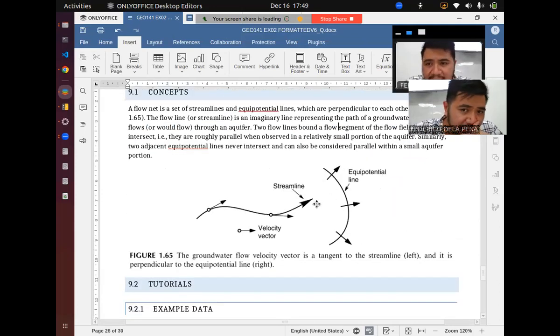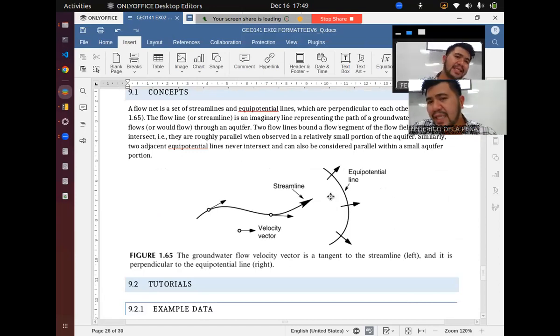So ginagawa lang natin sa flow net is para siyang, basically parang nagko-contour ka lang din ng elevation, no? You're just contouring elevations, pero instead you're just contouring the equipotentials, or yung basically yung supposedly elevation ng water table.